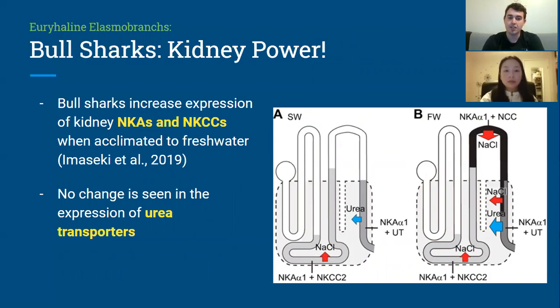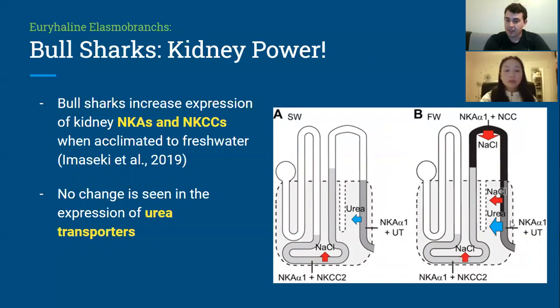Yet there is no change seen in the expression of their urea transporters, which implicates that their urea levels aren't changing that much. It's more that their sodium and chloride levels are changing a lot. And that is why we see that 350 milliosmol difference in osmolarity.